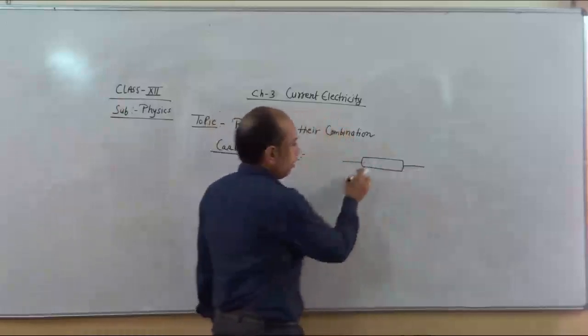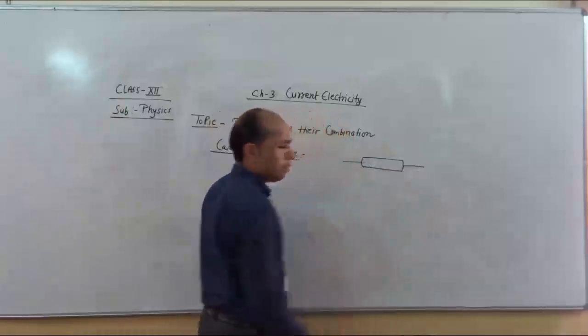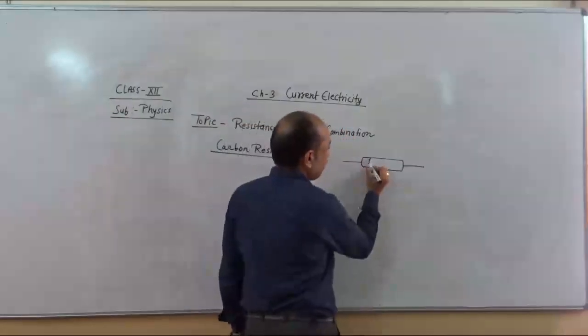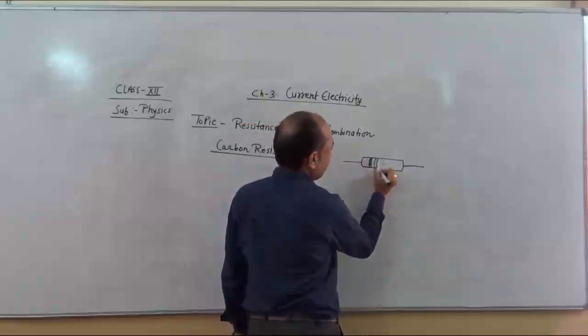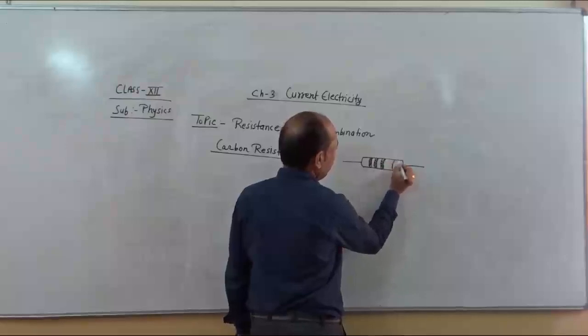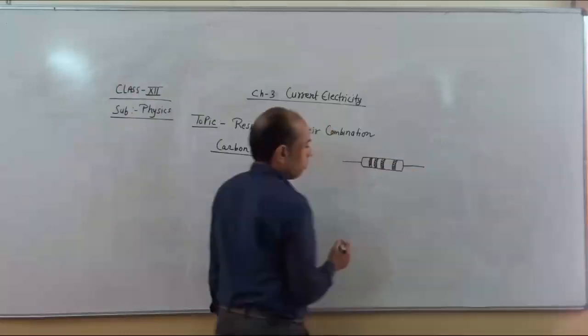If we see the carbon resistance very carefully, we observe there are four strips, or we can say four rings. First ring, second ring, third ring, and the last one is the fourth ring, which is quite far with respect to the first, second and third.